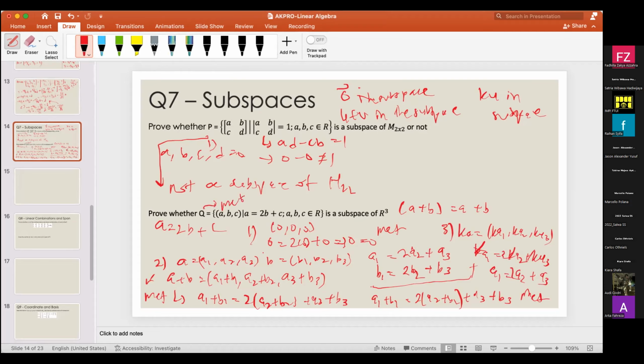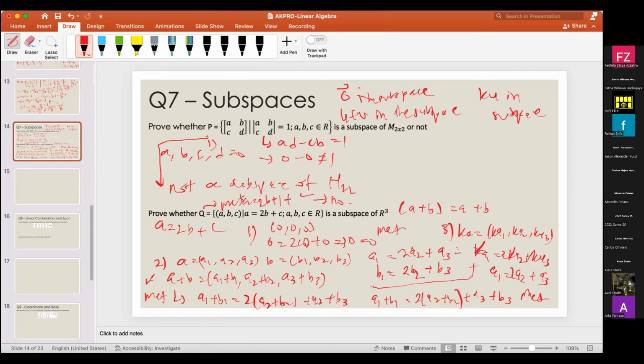However, what if I change this equation and make it A equals 2B plus 1 plus C? Will it be met? No, it will not be met because of this.